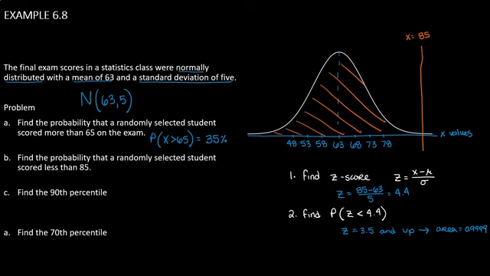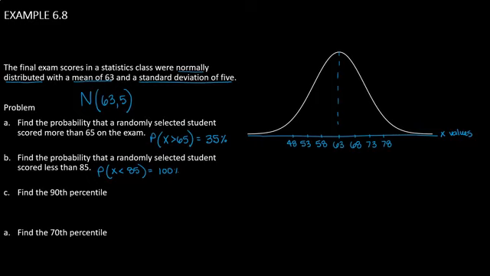Our table doesn't have a z-score for 4.4, so it stops at 3.5, and it says any z-value 3.5 or larger. It's almost 100% of the area, not quite, but very close. So the probability that a student scores less than 85 is almost certain, almost 100%. I'm rounding up here. We know technically the area is 0.9999.